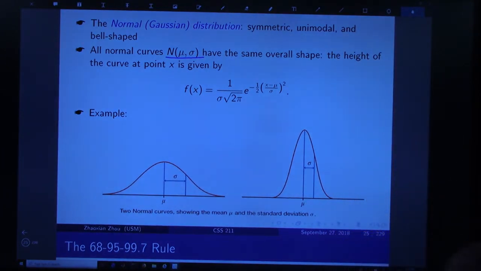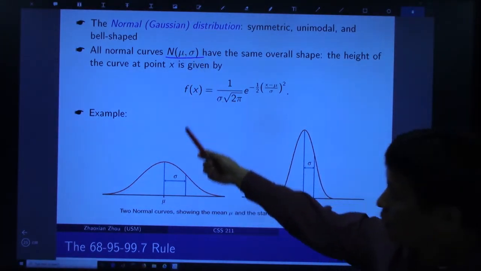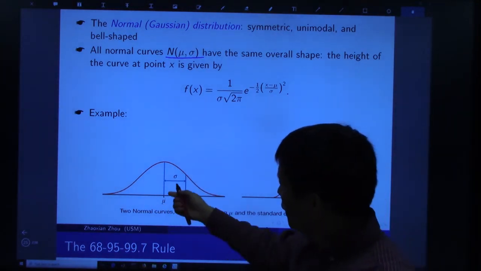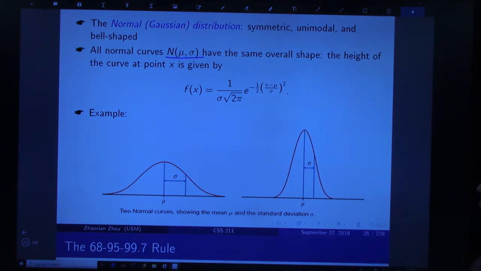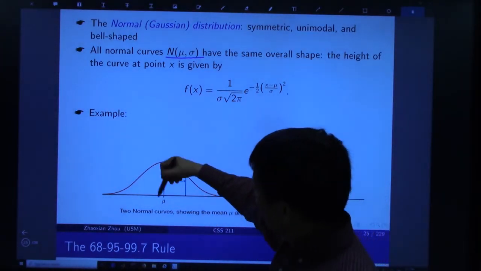We have N(mu, sigma), and we know mu is the mean, which means the center of the distribution. So the center is mu here, and sigma is the standard deviation. Now, the mathematical formula for any height of this density curve.